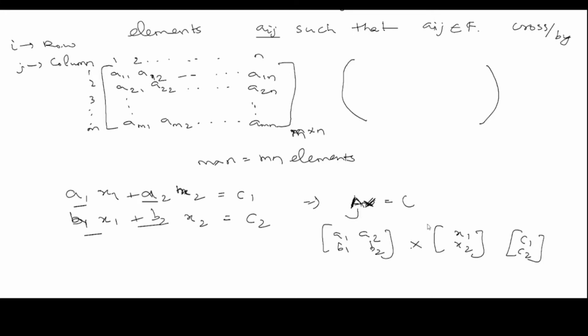This is a matrix multiplication. It's not your usual multiplication; it is different, which we will cover in later videos. So that's how matrices arise, and they help us solve these equations in a pretty quick and easy way, right?